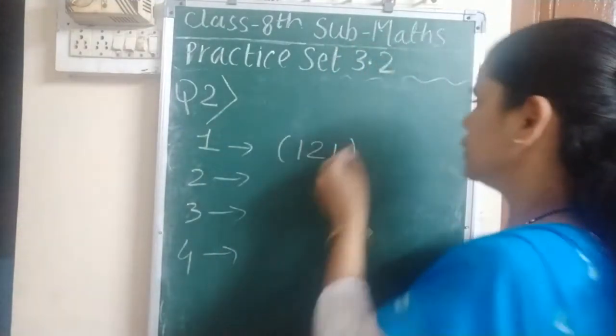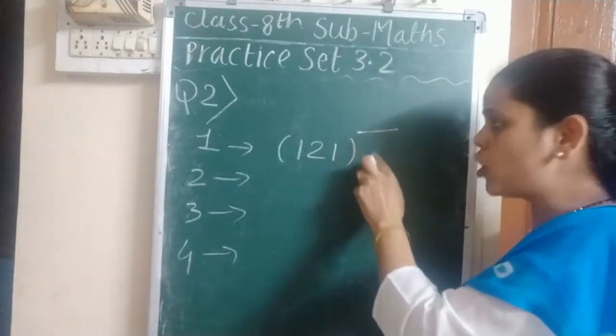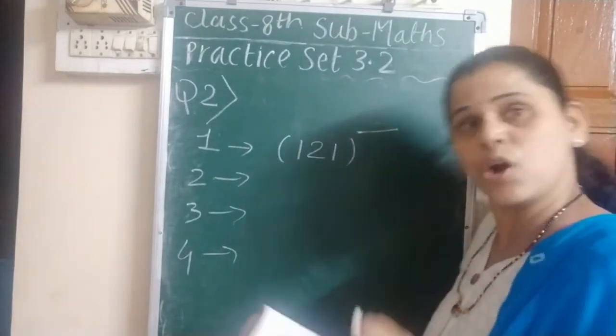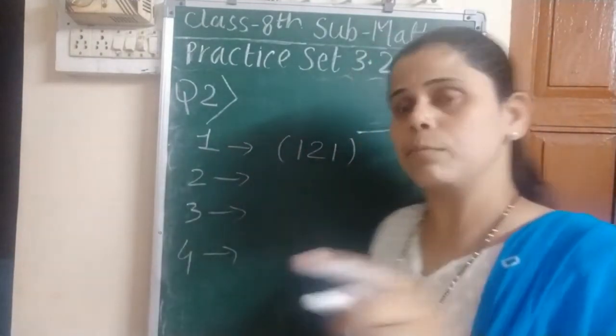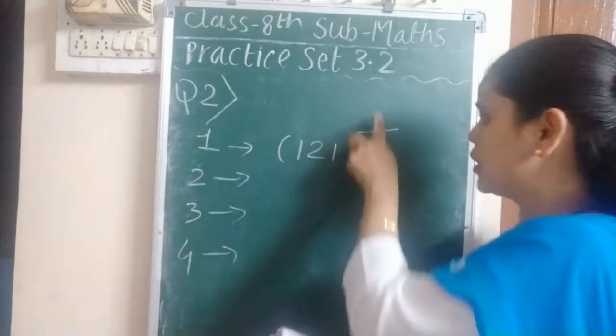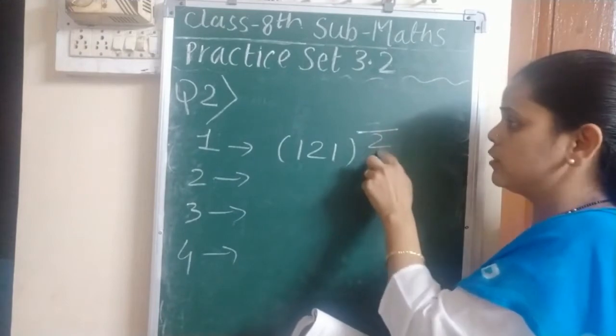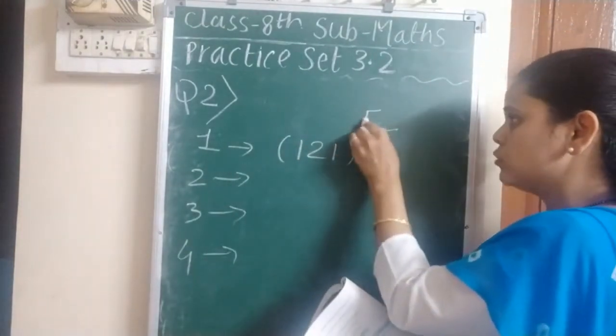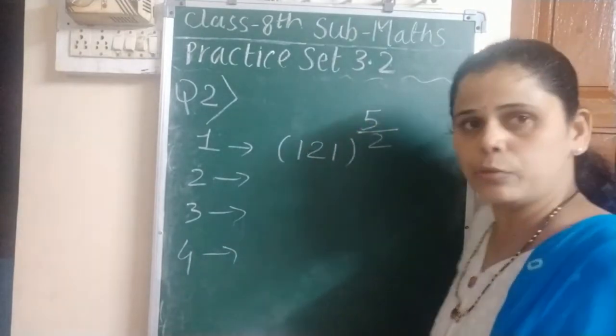The number that is given in a denominator is the root, and the number given in a numerator is the power. Square root means 2, 1 upon 2. Square root means the power of 1 upon 2. So I write down the 2 in the denominator. 5th power, that means I write down the 5 in the numerator.